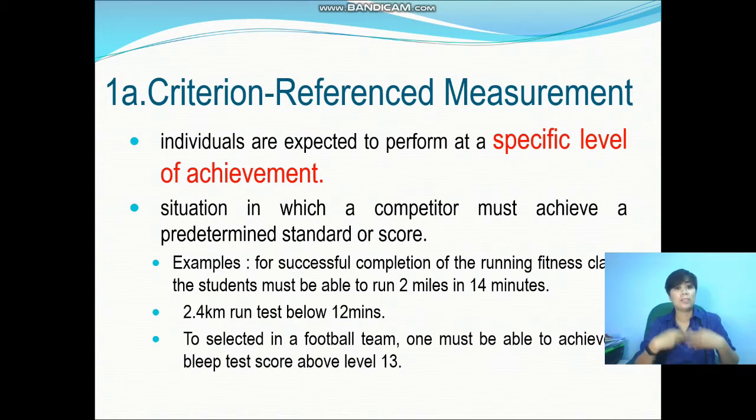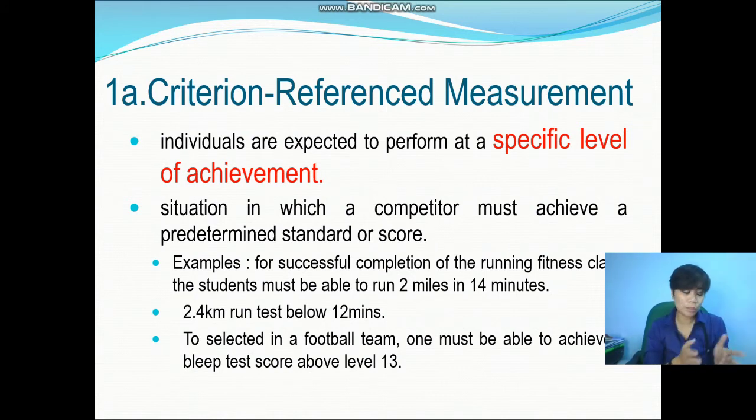For example, for successful completion of a running fitness class, the student must be able to run 2 miles in 40 minutes. Another example would be a 2.4 kilometer run test below 12 minutes. Or if you are to test the football teams, the footballer must be able to achieve a beep test score above level 13. So this is what we call criterion reference.